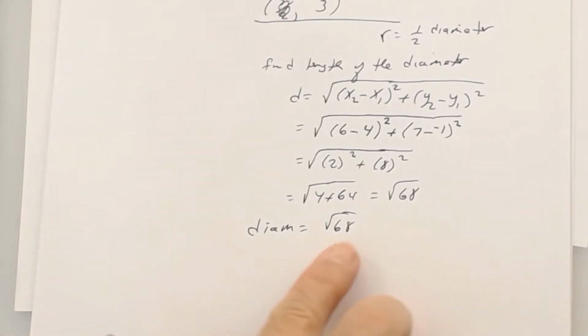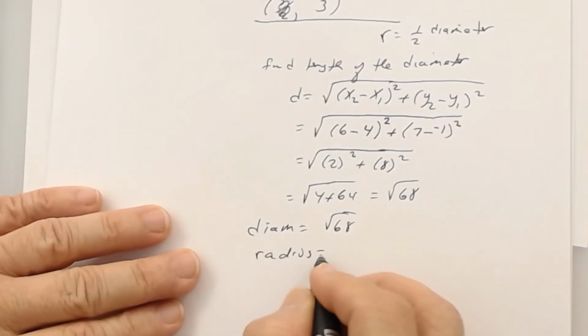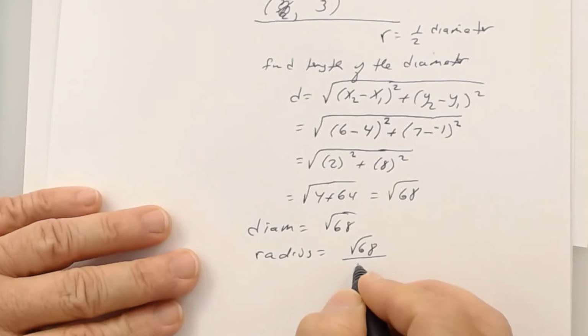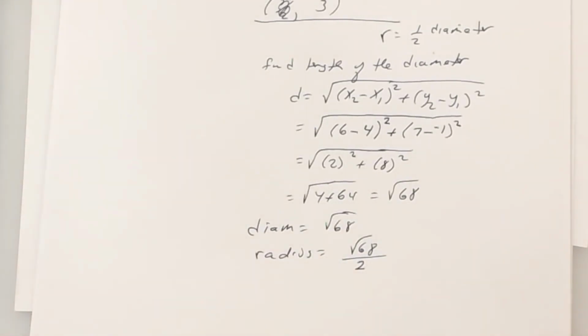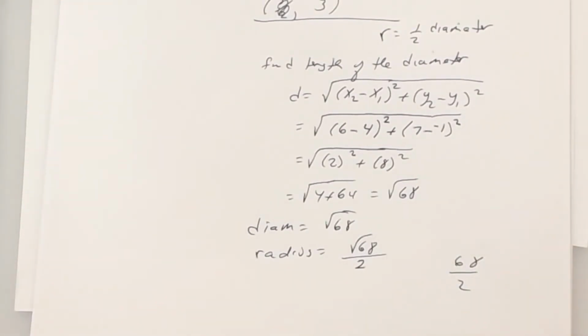Now the radius. If the diameter has this length, how do you find the radius? Divided by 2. So the radius will be the square root of 68 divided by what? 2. Don't make the mistake and say 2 into 68 is 34. Because that is not 68 divided by 2. That is 34, right?